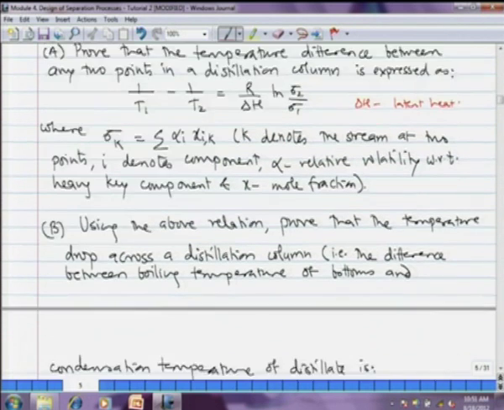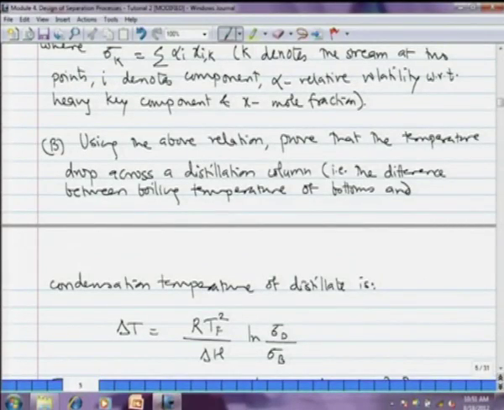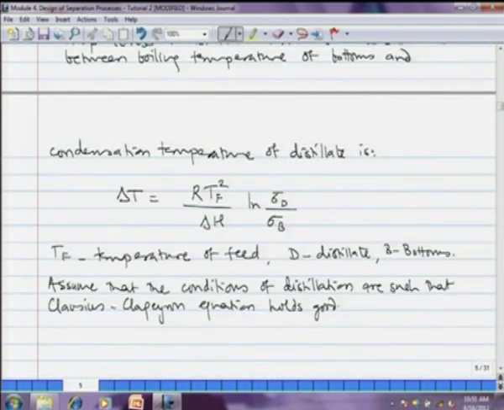The second bit is about applying the same relation to the extreme sections of the column like bottoms and the condenser, or reboiler and condenser, and then we have to determine the temperature drop across a distillation column, that is the difference between boiling temperature of the bottom and condensation temperature of the distillate, and that we have to prove as delta T equal to R into Tf square divided by delta H into ln sigma D by sigma B. Sigma is again a variable defined previously in terms of relative volatility and mole fraction x i.